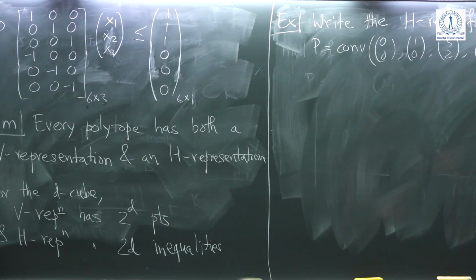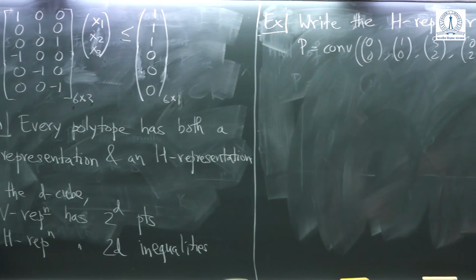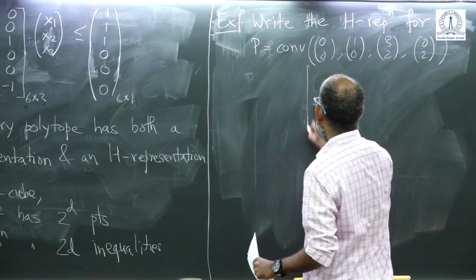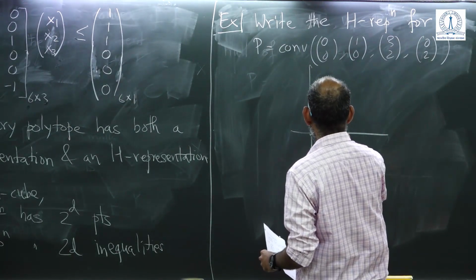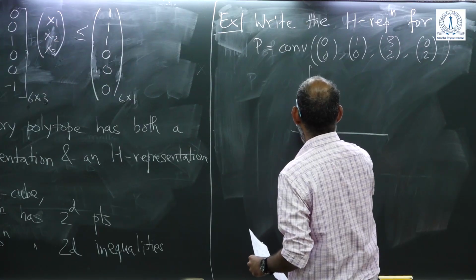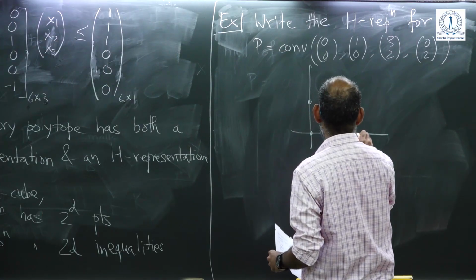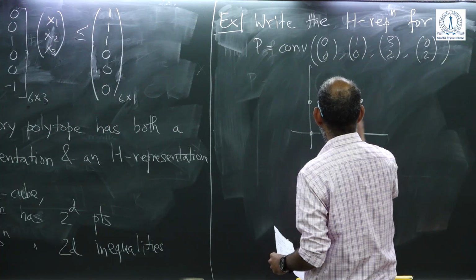Does it remind you of an object from high school geometry? It's a trapezium: (0,0), (1,0), (0,2) and (3,2).